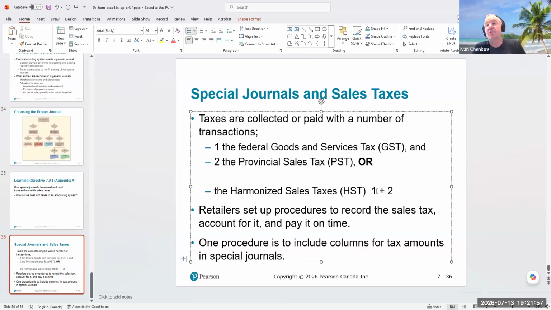Some of the provinces decide to combine those two together and charge their population with only one tax, which is called harmonized sales tax. In BC, we also had harmonized taxes, so we were paying the GST and PST all together.